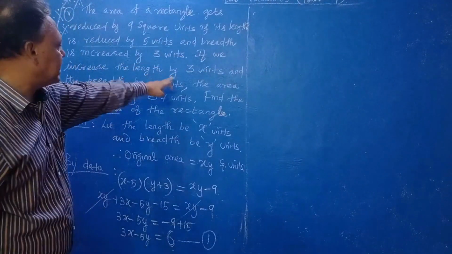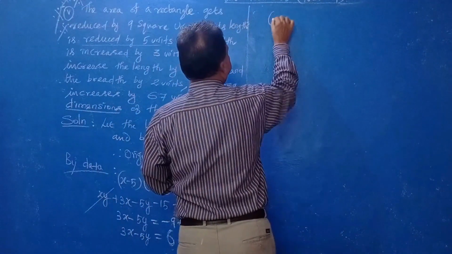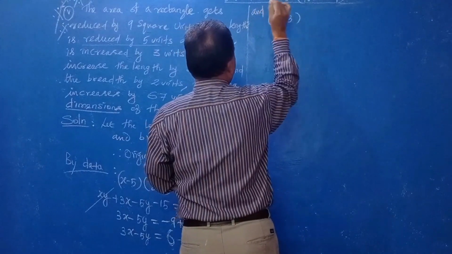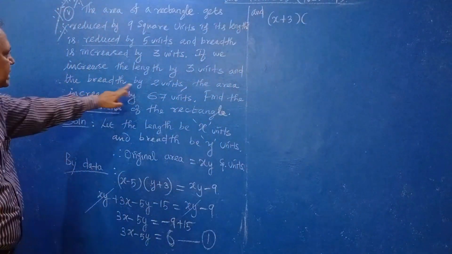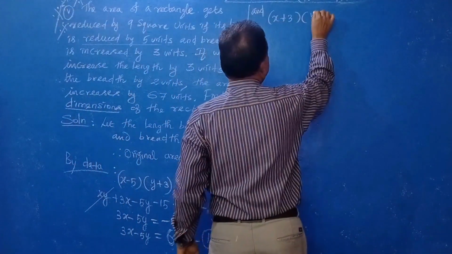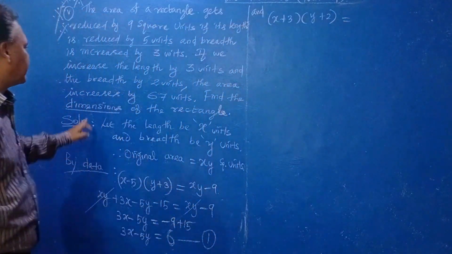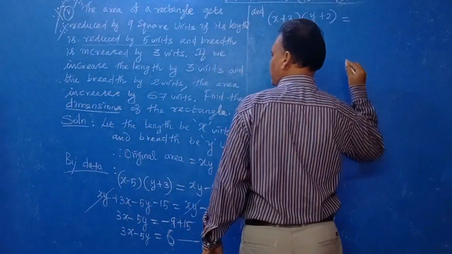Increase the length by 3 units, that means x plus 3, x plus 3 into, and you write, the breadth also increased by 2 units, that is y plus 2.